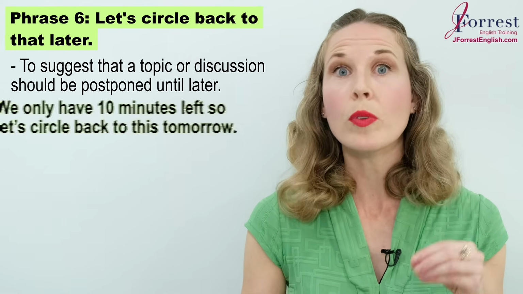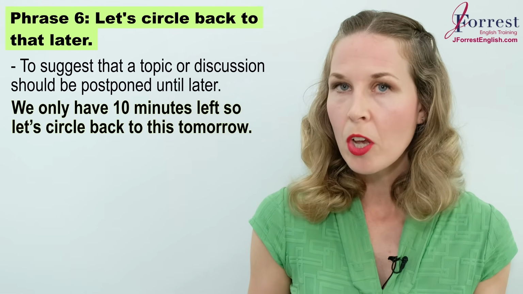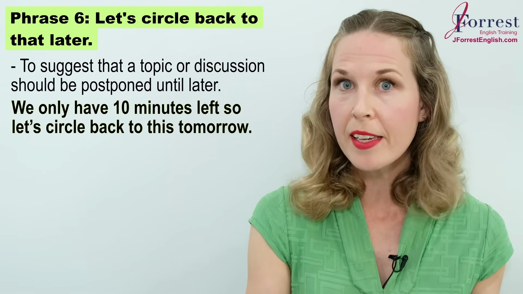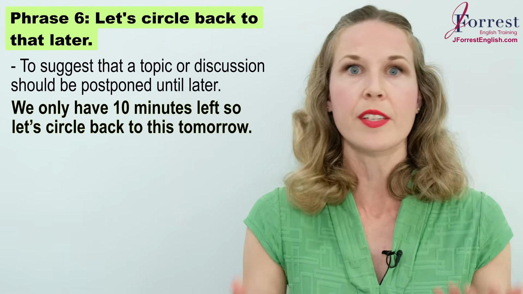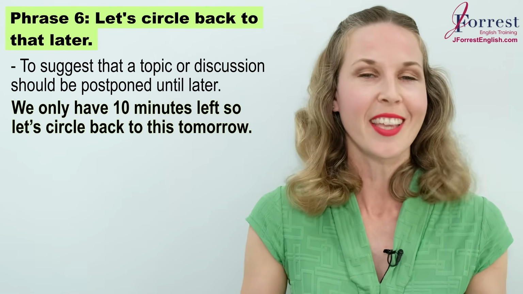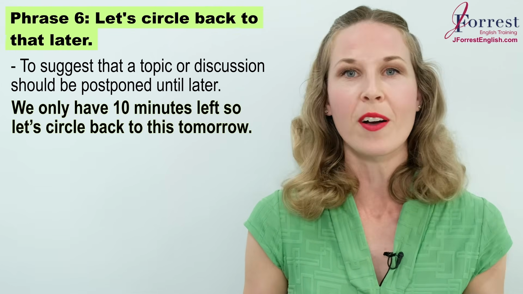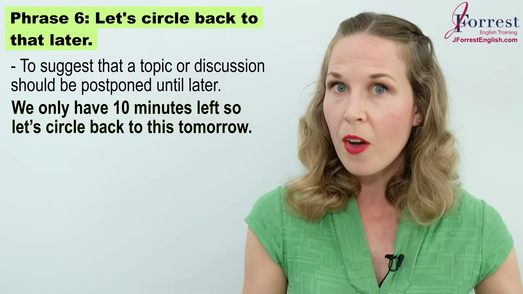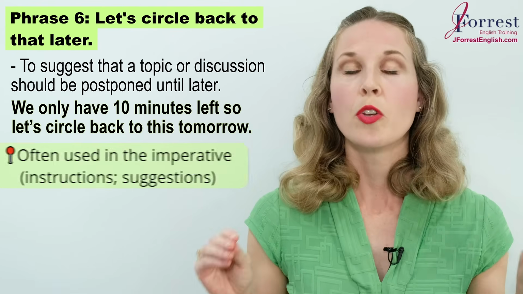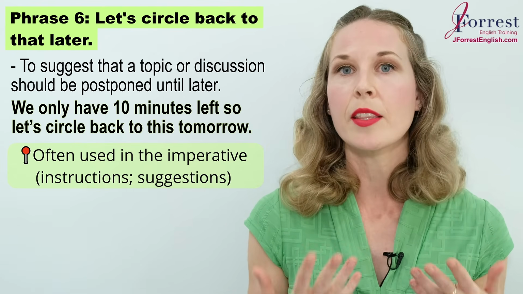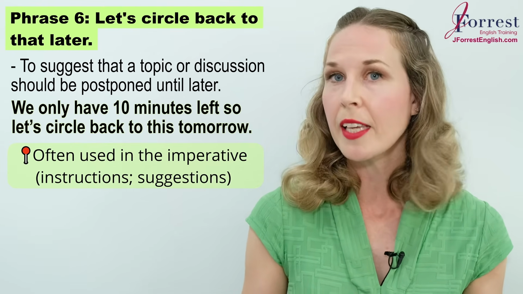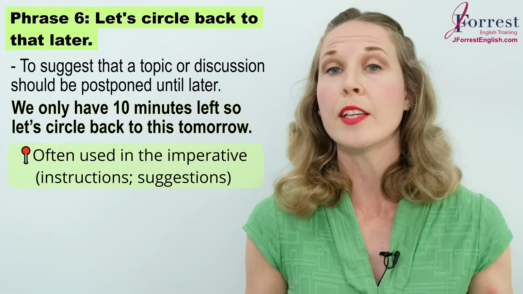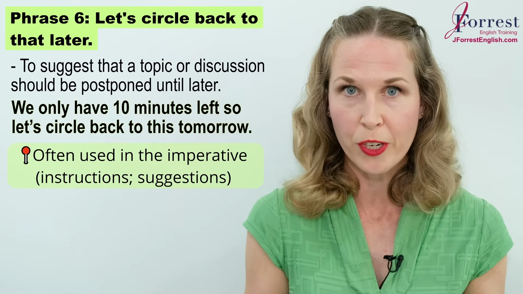You could say, we only have 10 minutes left, so let's circle back to this, whatever this is, your discussion about the marketing campaign, thinking outside the box. Let's circle back to this later. Let's postpone it now and discuss it later. Notice the grammar. This is in the imperative. It's often the case because we use this as an instruction or a suggestion. Let's circle back to Dina.